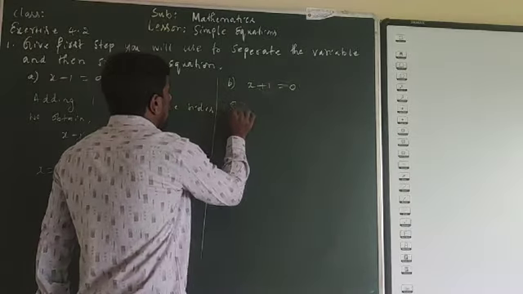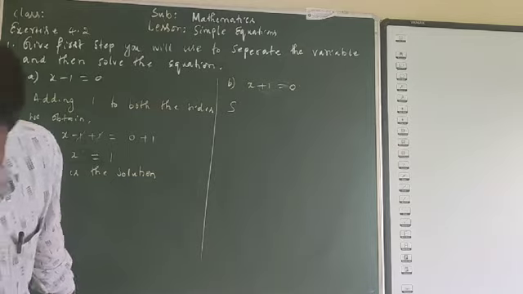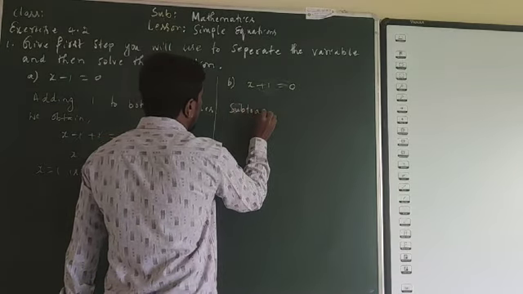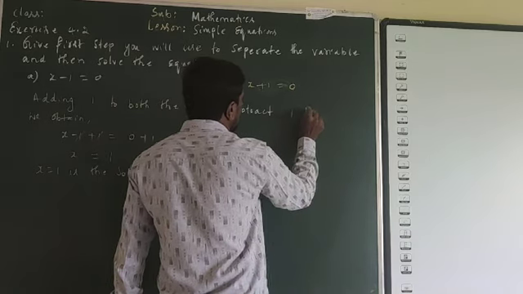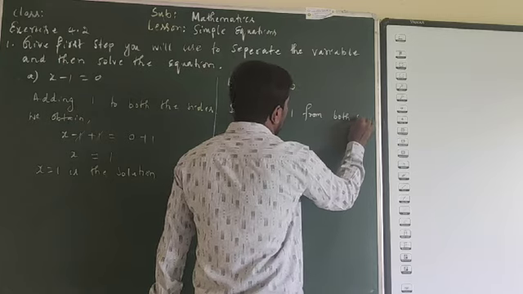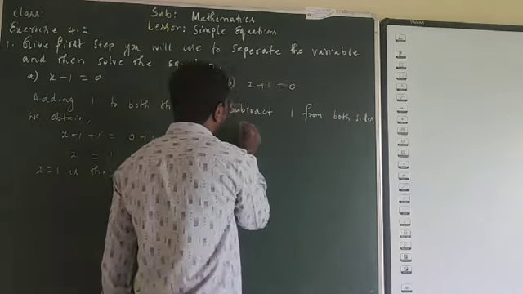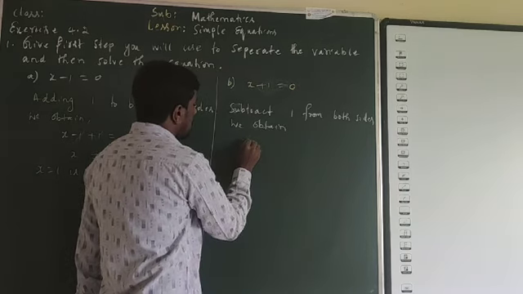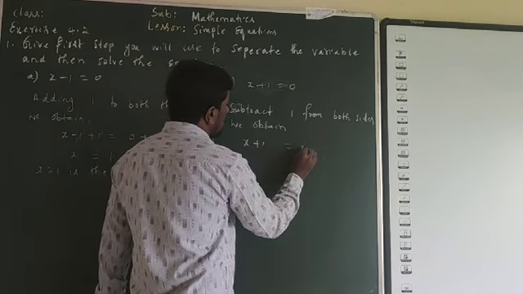Okay. I will subtract 1 from both the sides. From both sides, we obtain, what is the equation? X plus 1 is equal to 0.